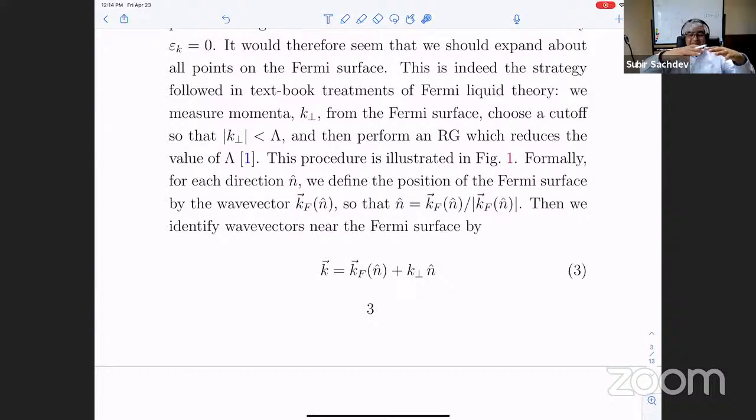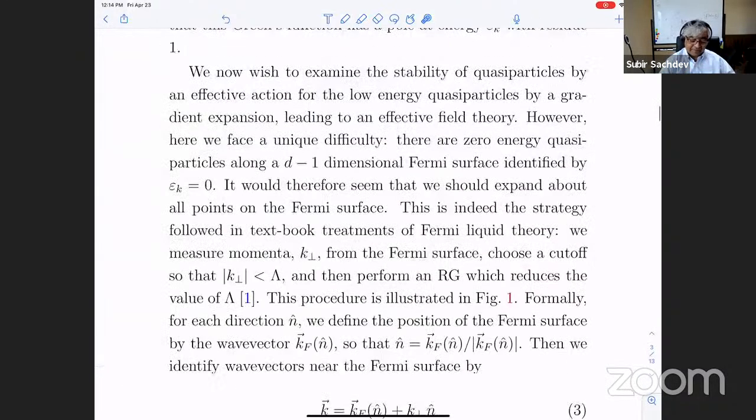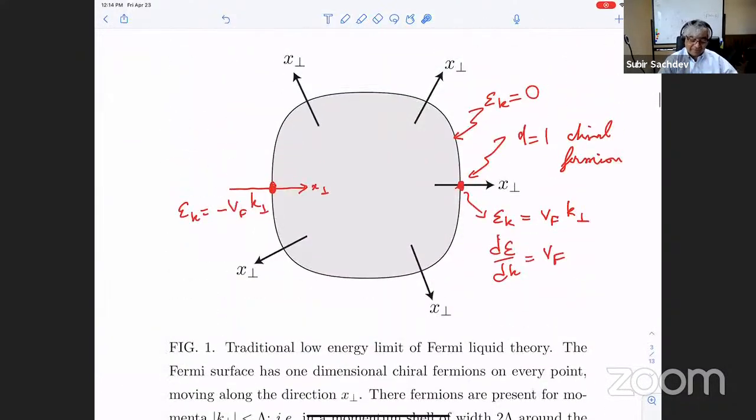You could have Fermi surfaces that have all kinds of complicated shapes, and you can generalize this formalism to that too. But let's just imagine that it's some kind of deformed sphere. Not quite a sphere, but essentially, if you start from the center and you go along any direction, you'll cross the Fermi surface once and only once. So for each direction, there's one point on the Fermi surface.